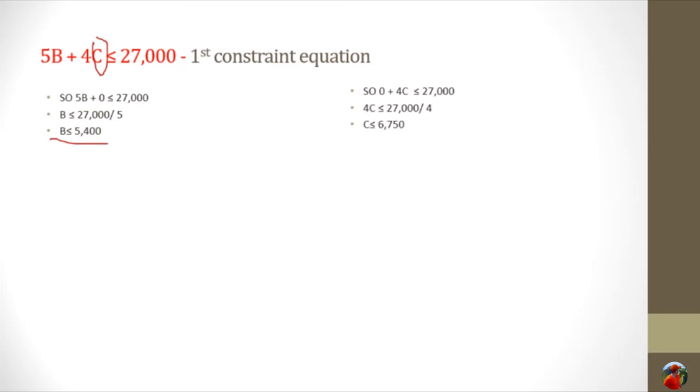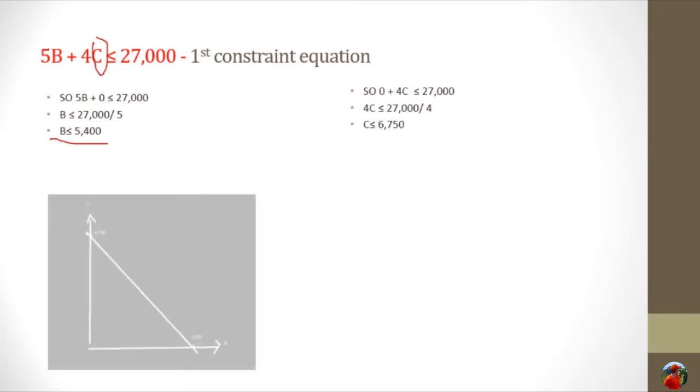Let's replace the value of b with 0. So 0 plus 4c is equal to 27,000. Then c is equal to 27,000 divided by 4, so c is equal to 6,750. Then let's make a graph.